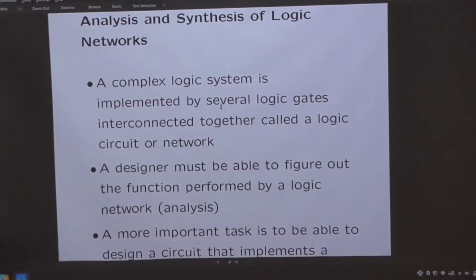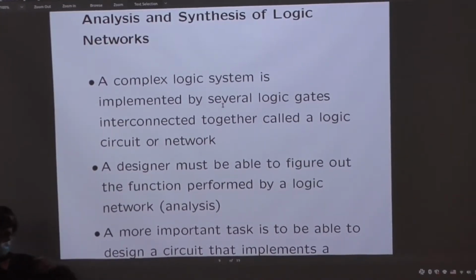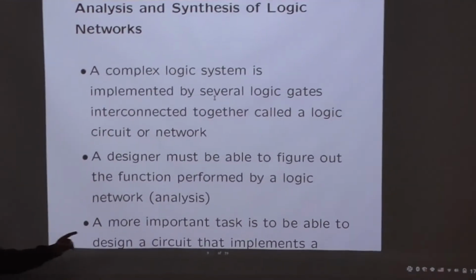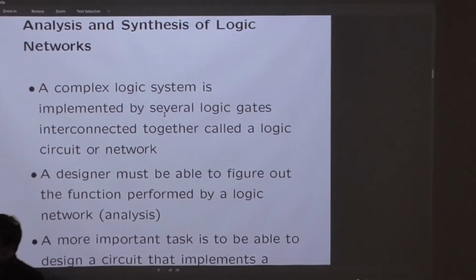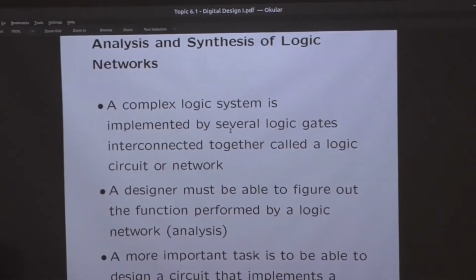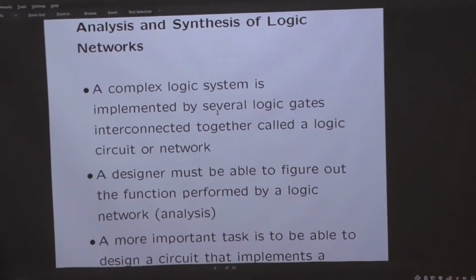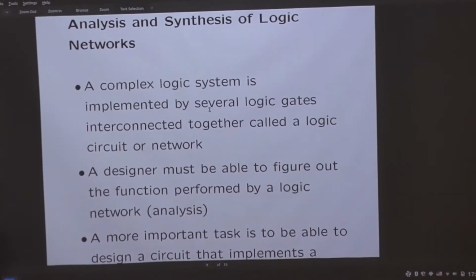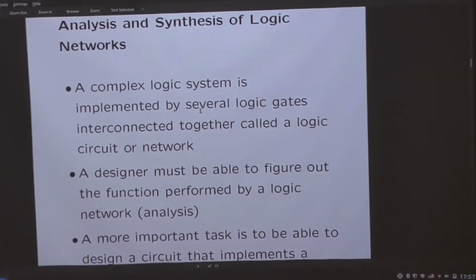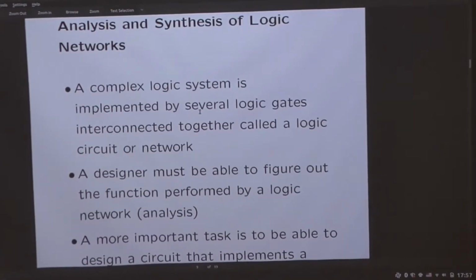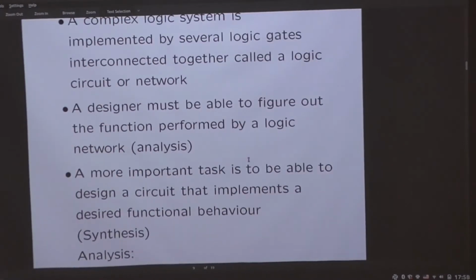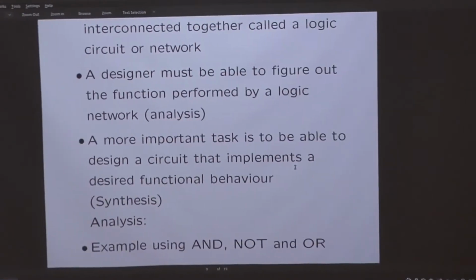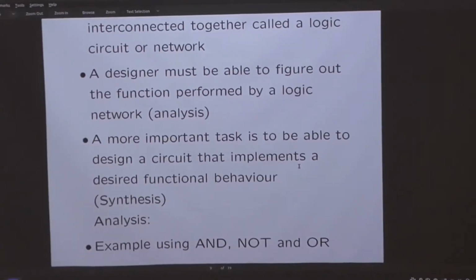You have combinational logic, which is composed exclusively of logic gates, and then you have sequential logic, which requires sequential components that we're going to be talking about, like flip-flops, right? You guys all remember flip-flops, right? Not for going to the beach with? But yeah, a designer must be able to figure out the function performed by a logic network.